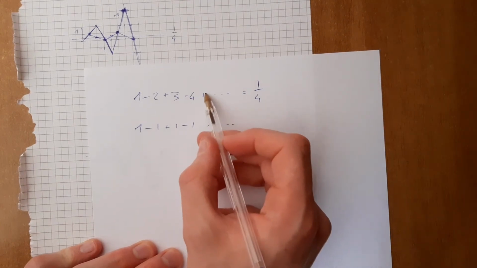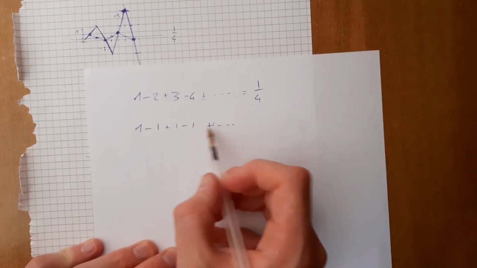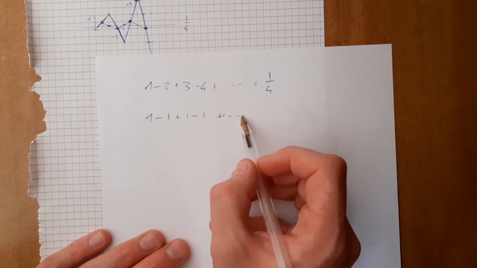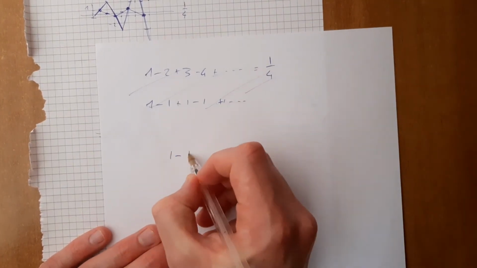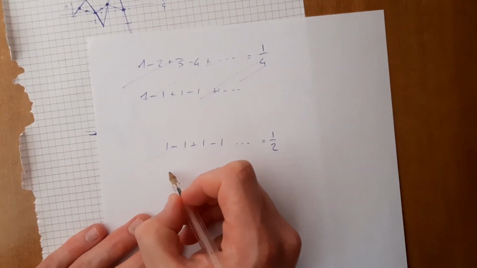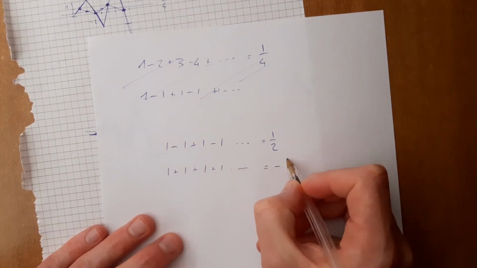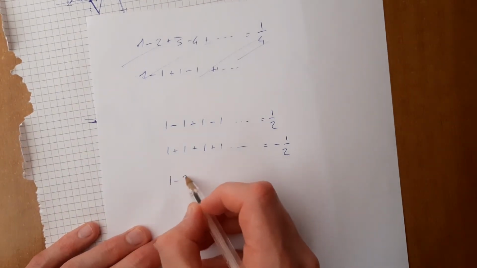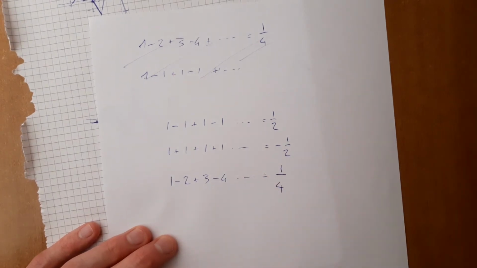I'm not putting the last sign, and I put the dots immediately. 1 minus 1 plus 1 minus 1 gives a half. 1 plus 1 plus 1 plus 1 gives minus 1 over 2. 1 minus 2 plus 3 minus 4 gives 1/4.